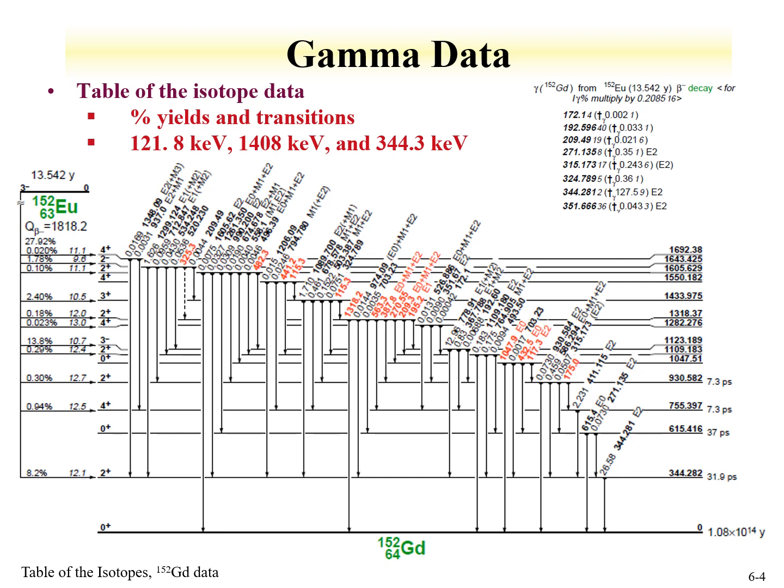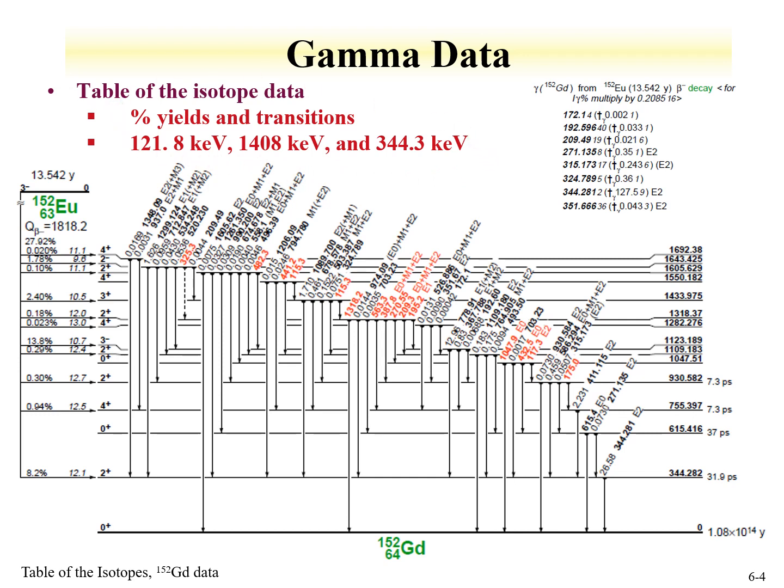Now if we look at some table of the isotope data, and we can get percent yields and transitions for gamma decay from this data, we see here's europium-152 decaying by beta emission, going to gadolinium-152. And from the table of the isotopes, the chart of the nuclides, we know that there are 3 main gamma decays.